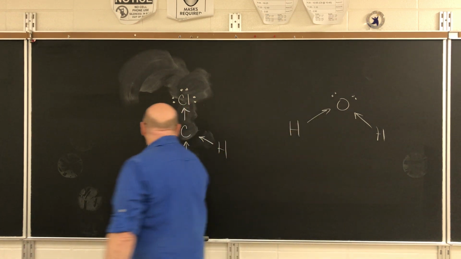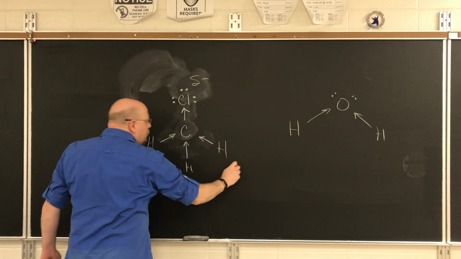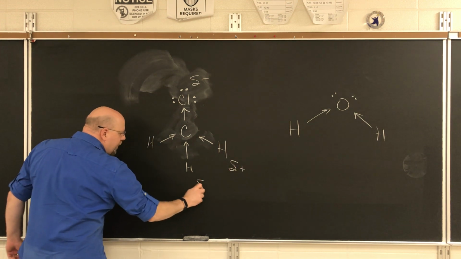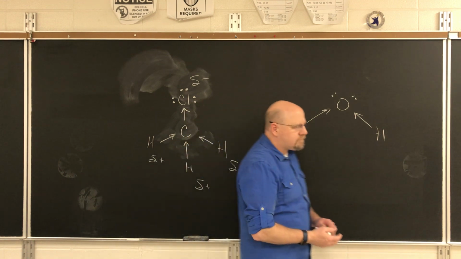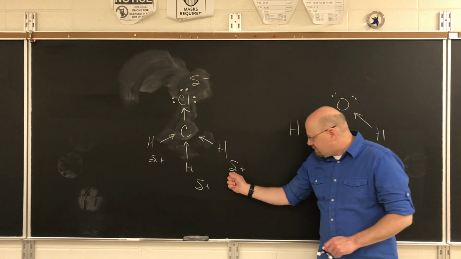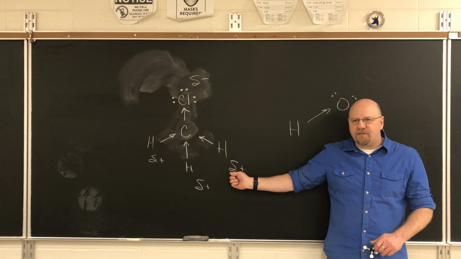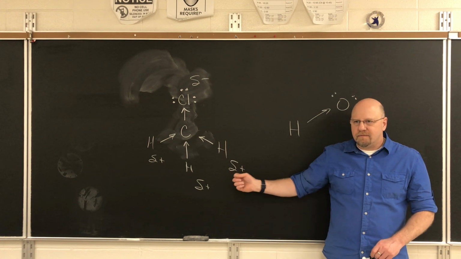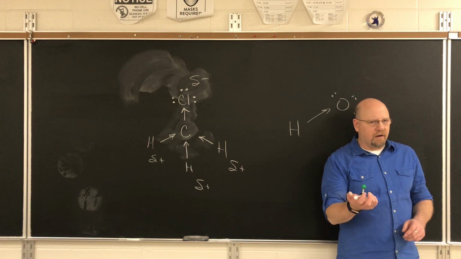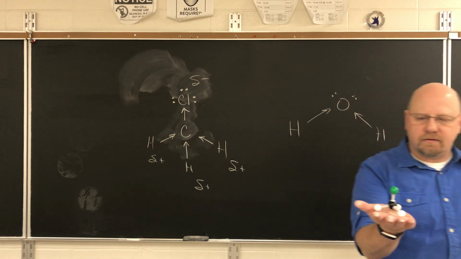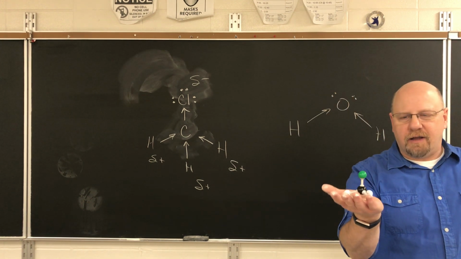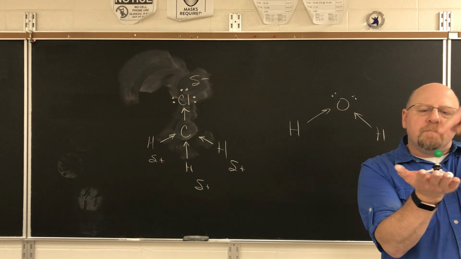So that makes it slightly negative, whereas the hydrogens are slightly positive. The final little symbol there is slightly. It's a Greek letter. Don't worry about it. It's delta, lowercase.